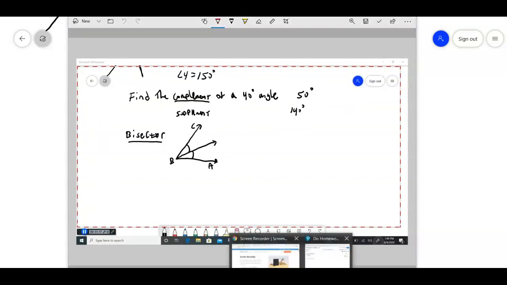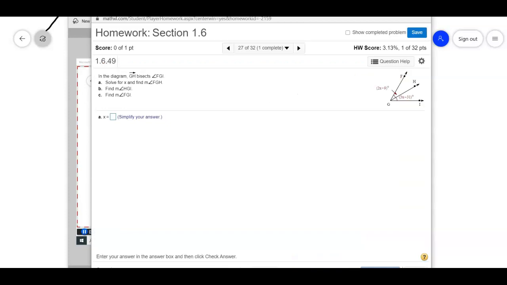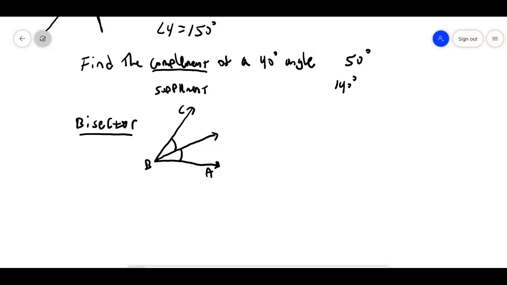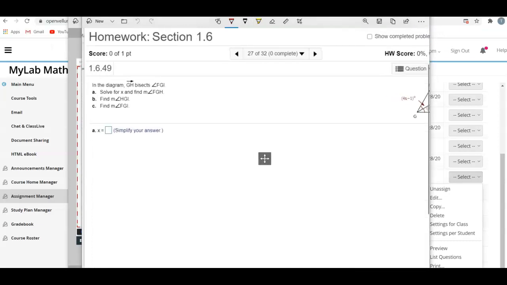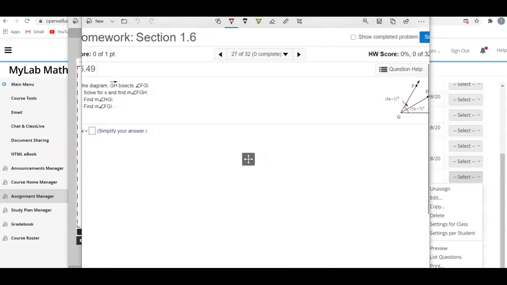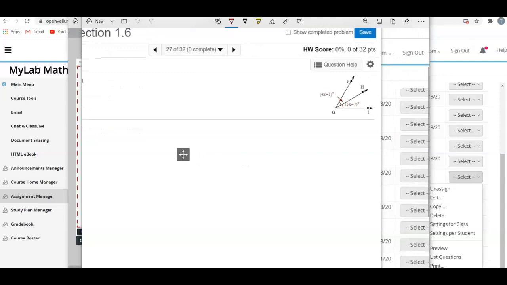Okay, so for example, GH bisects FGI. So we have FGI and GH bisects it.